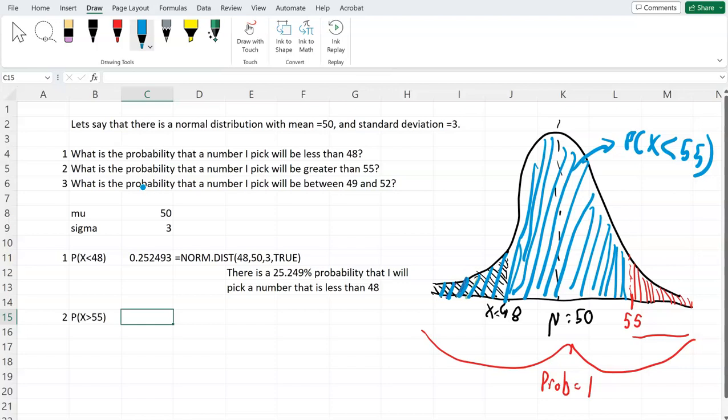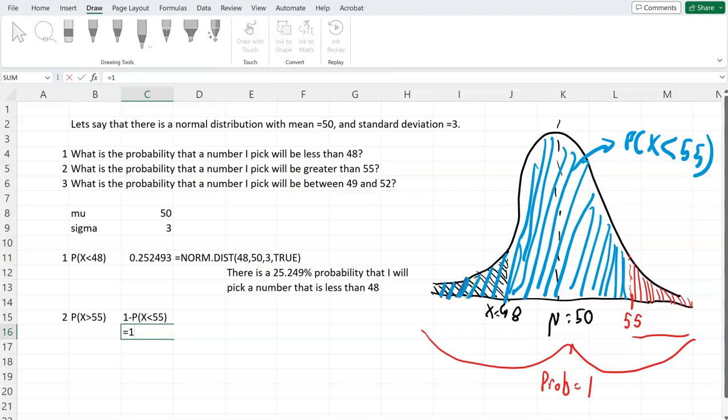So if I want to find the probability that x is greater than 55, I can do 1 minus the probability that x is less than 55, which is 1 minus NORM.DIST.